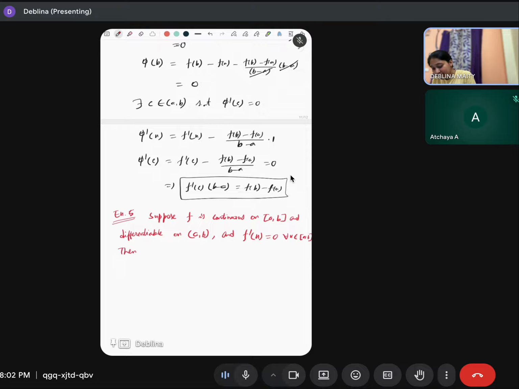Then we will see that f is constant. If f is differentiable and continuous on the closed interval, and the derivative is 0 on the whole interval, then f will be constant.